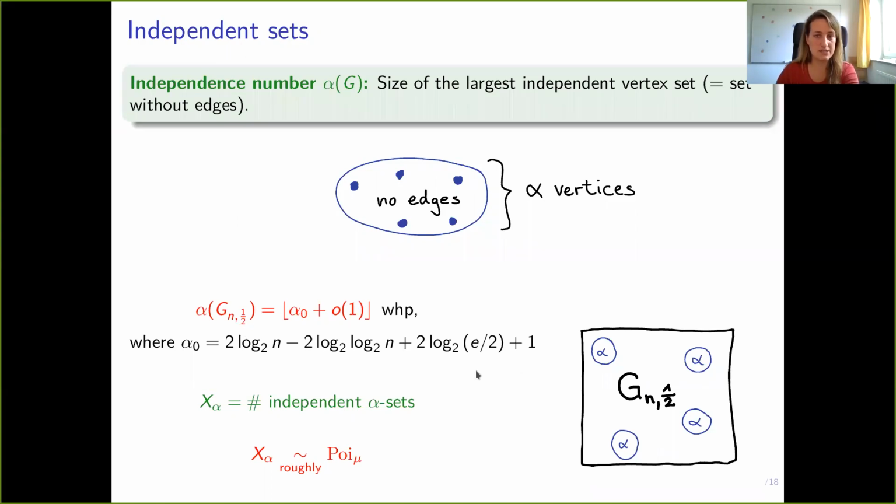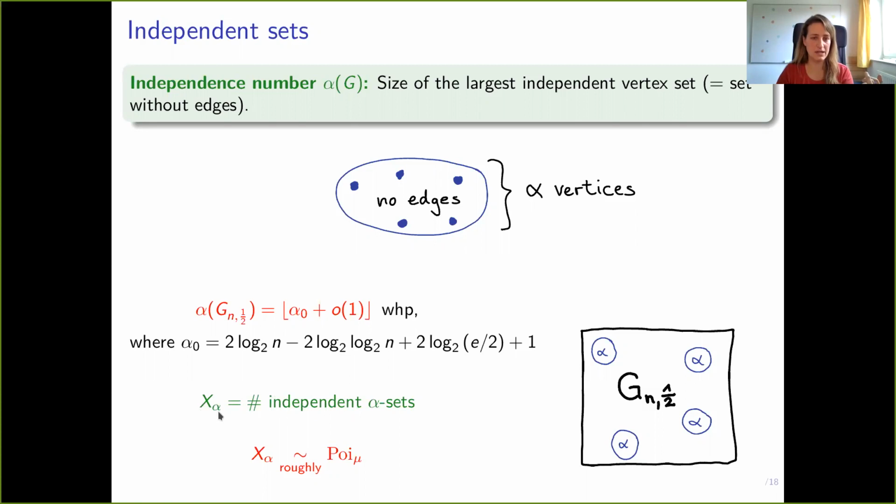It's this explicit expression that you don't have to remember, but you round it down to the nearest integer below it, and that gives you the independence number of G(n, 1/2). There's this slightly annoying little o(1) term that you can't get rid of. So in some cases it might take one of two values, but most of the time it's actually 1-point concentrated.